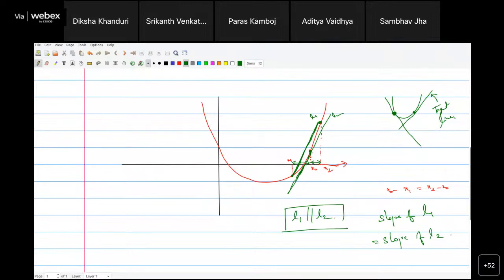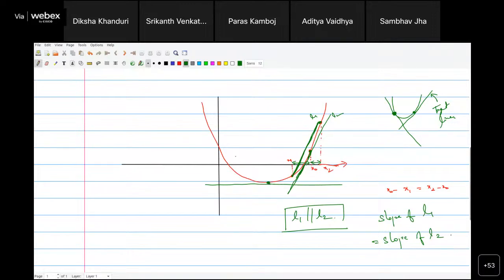Will this be true for every tangent we draw on the parabola? Yes, sir. This is true for every tangent. See, you can even observe it simply. If I take the bottommost point and draw a tangent there, that will be parallel to the x-axis. Correct?